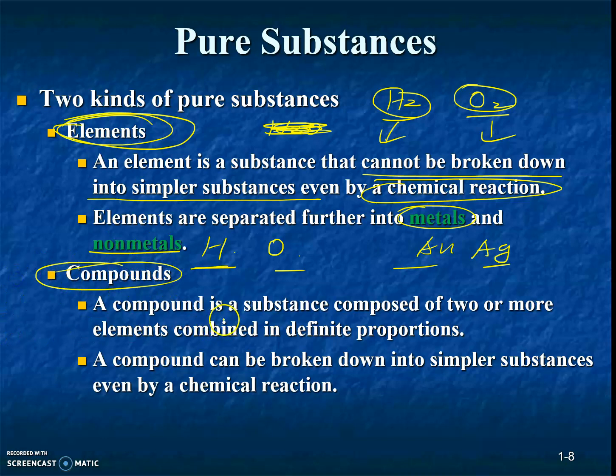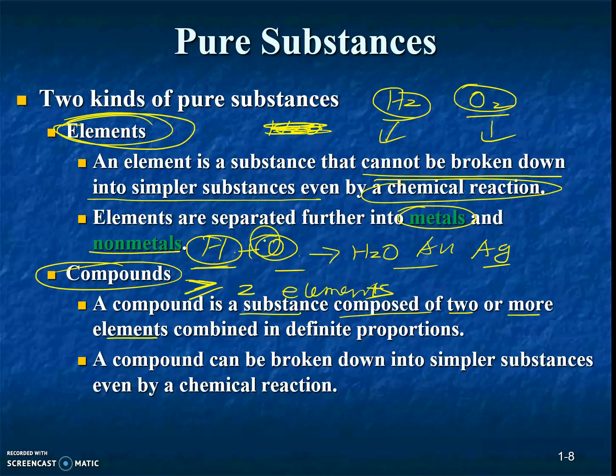What are compounds? A compound is a substance composed of two or more elements. So I have two or more elements to make a compound. For example, if I put hydrogen and oxygen together to make a compound, I can make water. But not all combinations can be water.